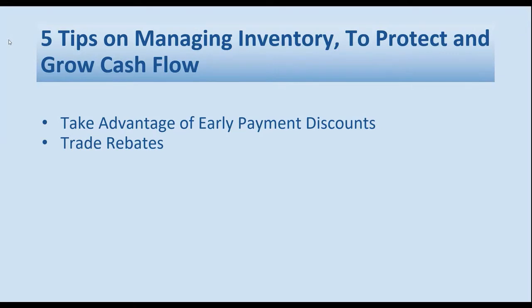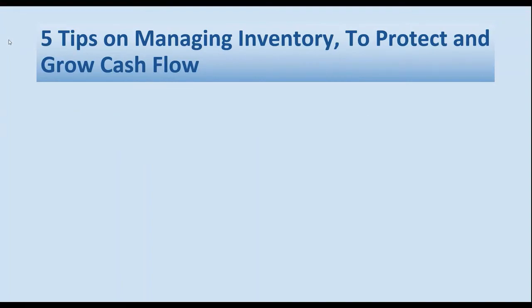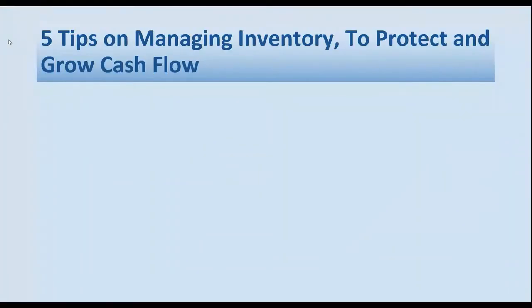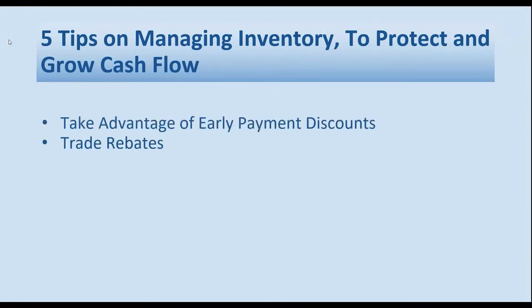That means they don't give you cash back. What they give you is a credit note, so that you can knock it off against the invoice you need to pay the supplier. You get this at the end of the financial year, when you calculate how much business you have given them and have verified it with them. As a result, this client also made an additional 68,000 last year by doing exactly this.